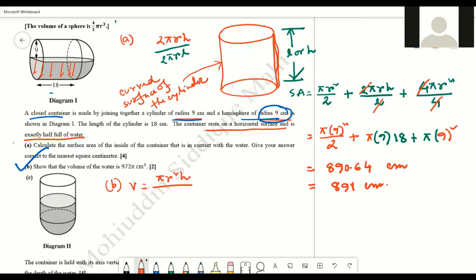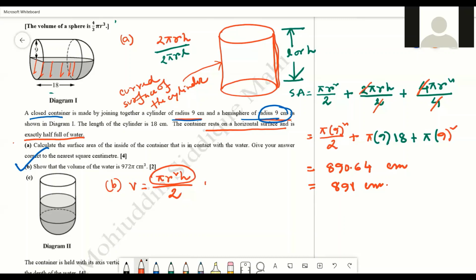So we need to divide it by 2. Pi r square h is the volume of the full cylinder, and as the quantity of water is exactly half of the whole container, it is pi r square h by 2.